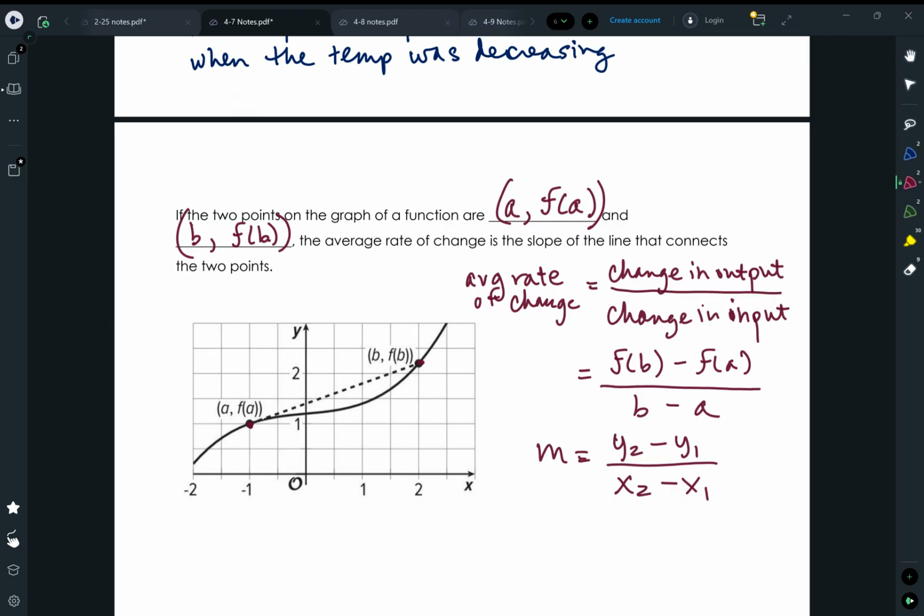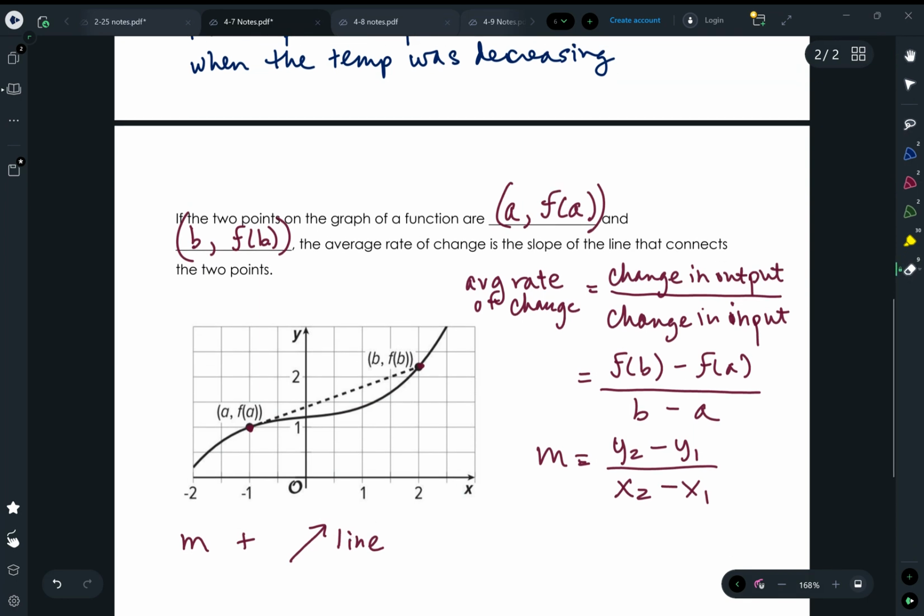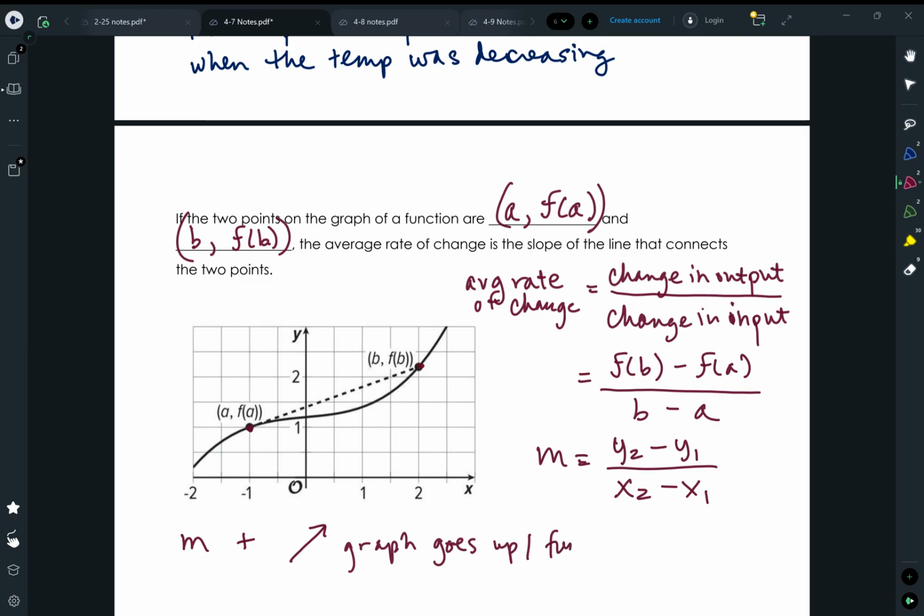The other thing I will remind you of is if my slope is positive, that means my line is going up. Let's just write line goes up. Really, it's probably better to say graph, right? Because they're not always straight lines. So let's go ahead and write graph goes up. So if my slope is positive or my average rate of change is positive, my graph goes up. And my function is increasing.